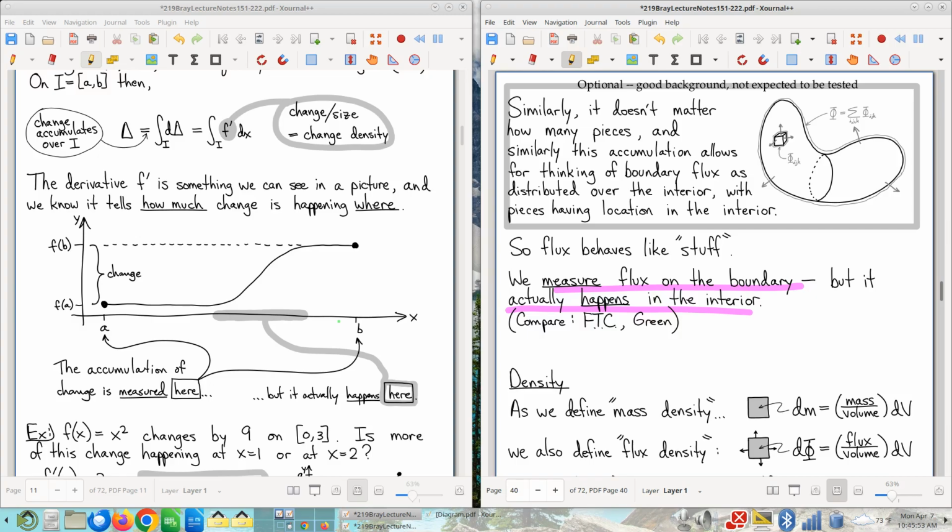Certain quantities, accumulating quantities, even if they're computed on the boundary, actually happen in the interior in some reasonable sense. So when you're trying to digest this, and I completely recognize that it's a big ask for me to suggest that you should think of outward-oriented boundary flux, flux that's computed on the boundary, as being stuff in the interior, I know that's a weird ask.